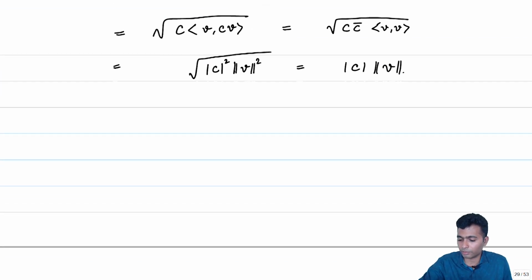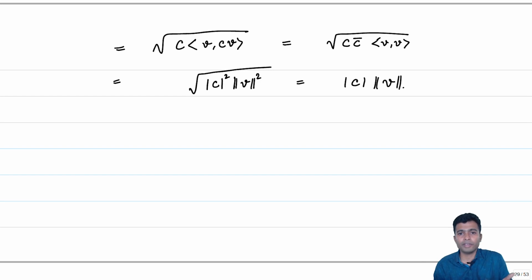So in particular, the length of minus v will be the same as the length of v. The length of (3 plus 4i) times v will be 5 times the length of v, and so on.